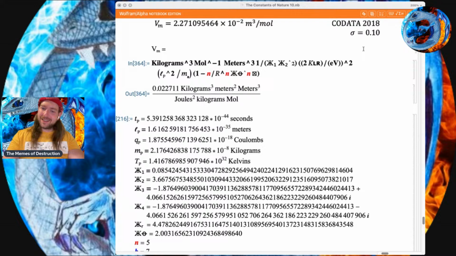Molarity, moles per second. It sounds like the sequel to Night of the Lepus. Moles per second. Time minus amount. Okay. I guess maybe I'll just have to apply all the dimensions and we'll see.